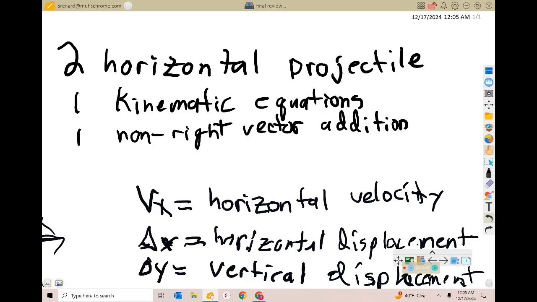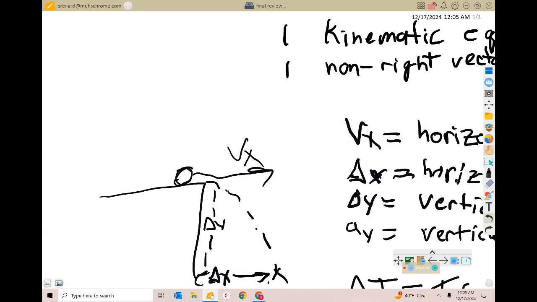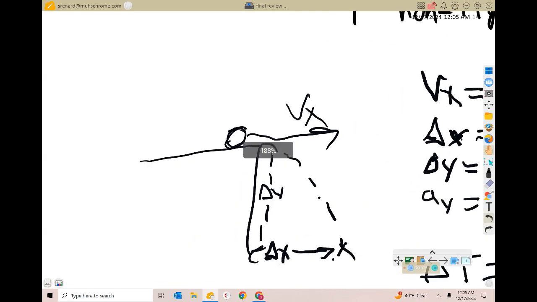So we're going to start with the horizontal projectiles. So horizontal projectiles, basically, this is your basic setup. We have an object, a ball, whatever, a rock falling off of something, a desk, a bridge, a cliff.